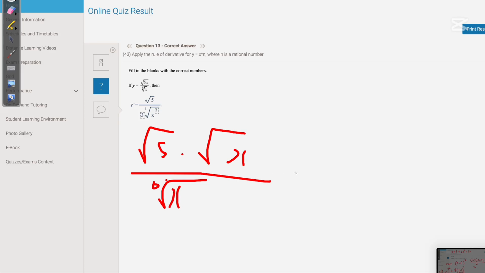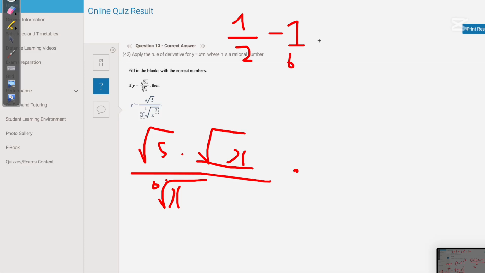The 6th root of x in the denominator is x to the power of negative 1 over 6, and radical x is x to the power of 1 over 2. We subtract, since one's in the numerator and one's in the denominator: 1 over 2 minus 1 over 6.